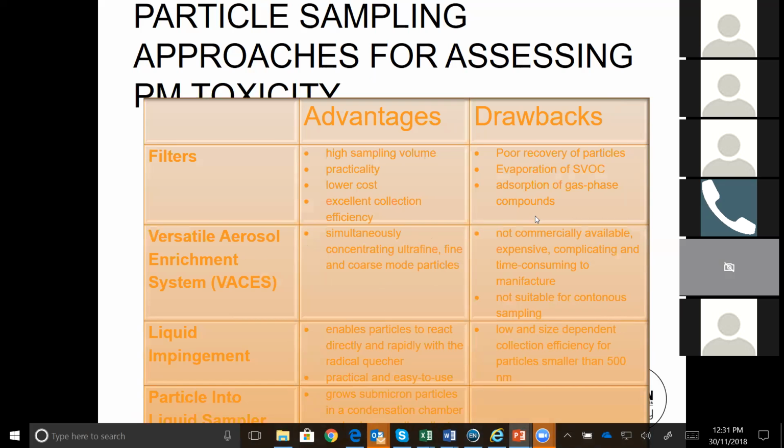The drawback of this approach is that it is not good for continuous sampling, and it's not commercially available. If you want to buy it, it is very expensive, and complicated, time-consuming experiments are involved with VACIS sampling. So we didn't consider buying that. That was another motivation why we decided to make our own.